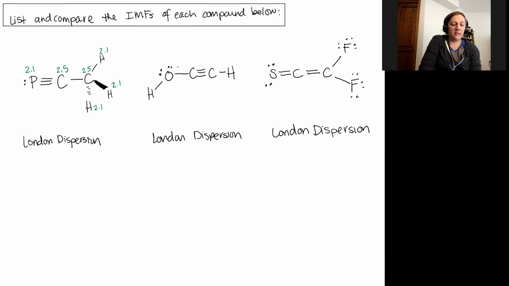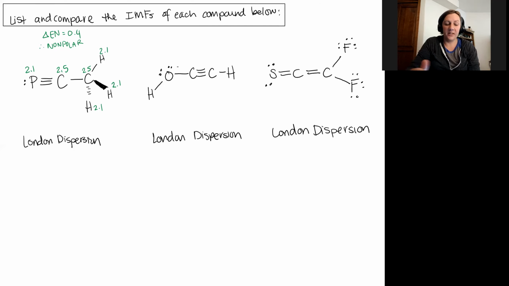So the greatest electronegativity difference in this molecule is 0.4. So I have no polar bonds whatsoever. So it is nonpolar. So I do not have dipole-dipole interactions between molecules. I just have those London dispersion forces.